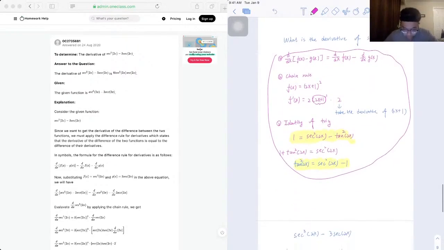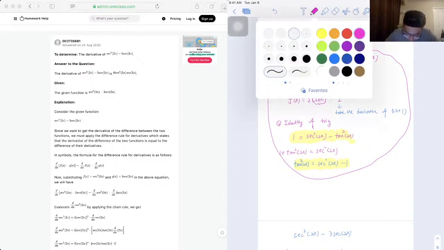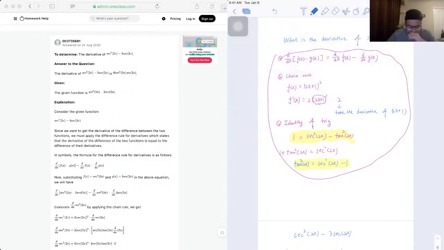Yeah, so it's quite a long question. So maybe I'll just summarize a bit. The key point of solving this question is you need to remember these 3 rules, which are the difference rule of derivative. So we just need to get rid of the bracket and just take the derivative of each function and do the subtracting between them.